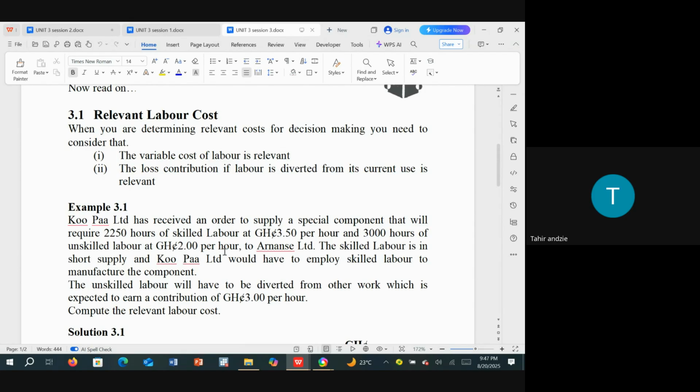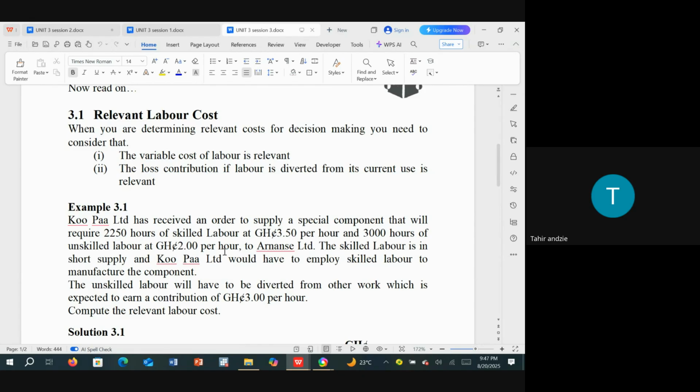So this unskilled labor are already employed. We are paying them 2 cedis per hour, but that is not going to be relevant because whether we use them or we don't use them, that 2 cedis will be paid to them. But if we now use them for this new work, it means that they have to stop what they are doing somewhere, and for that work they are doing, we are making a contribution of 3 cedis on them.